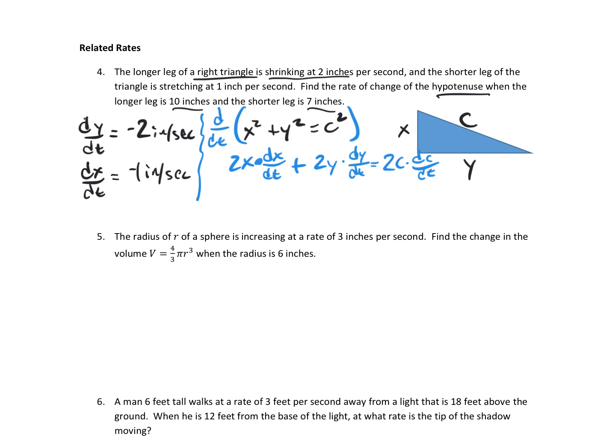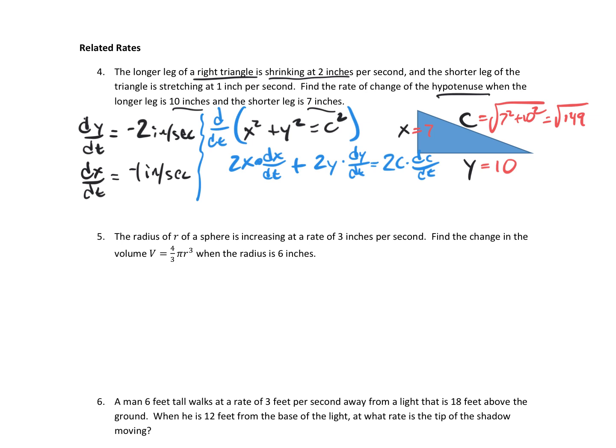Okay, so now we can plug in everything we know. So at this snapshot, at this moment of time, we have the shorter leg is 7, the larger leg is 10, and we need to find the hypotenuse here. Well, that's going to be the square root of 7 squared plus 10 squared, and that's going to be the square root of 149. Leave it exact is good. So let's go ahead and fill in everything we know here.